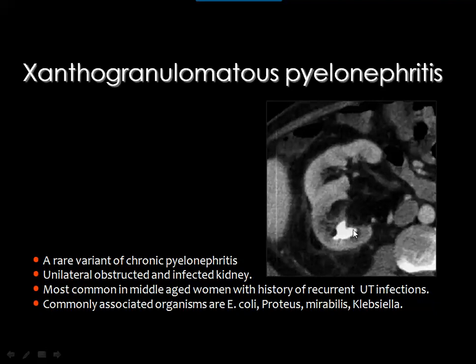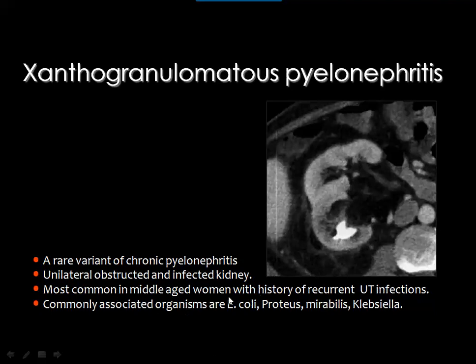If you see a big calculus and you see fat, these are supportive signs.